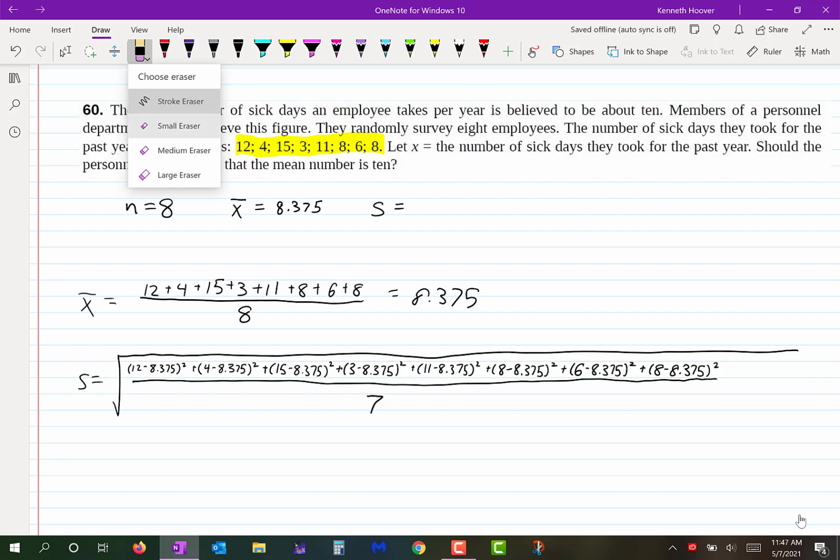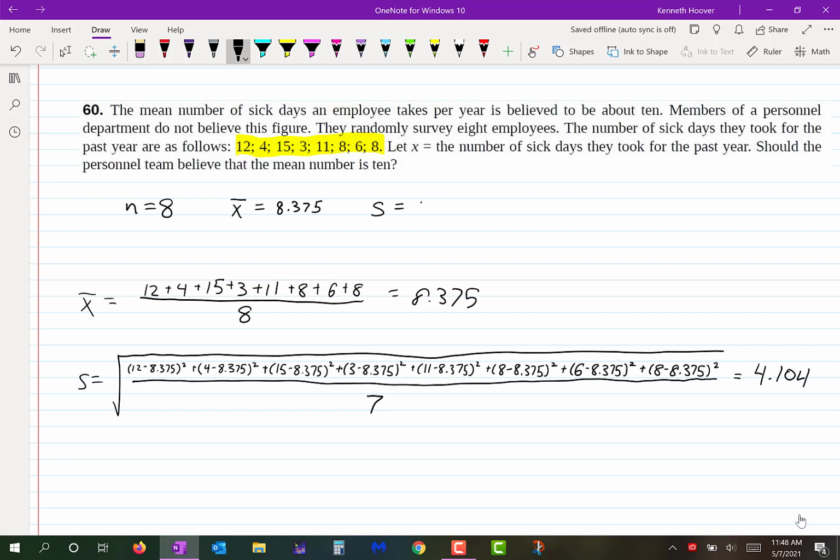All right, and then you take out your calculator and you calculate that. And I did that, and here's what I got. 4.104.